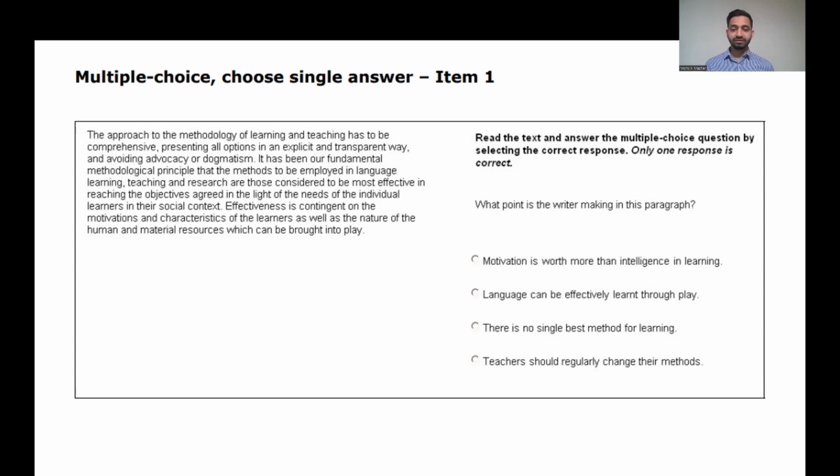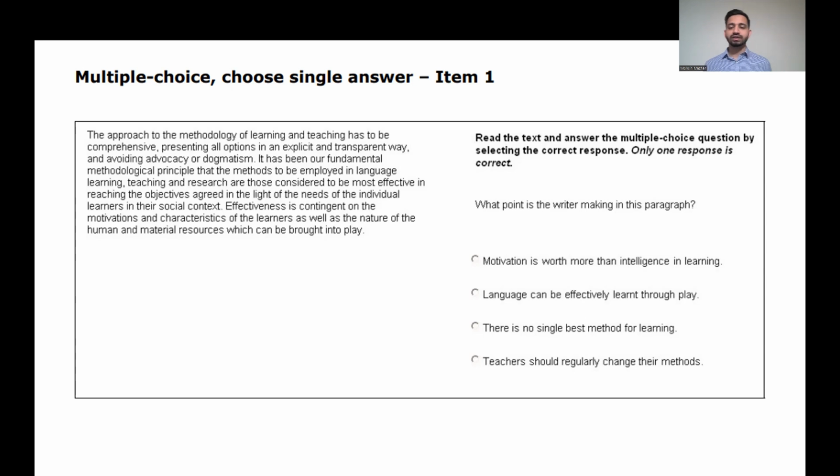The whole passage is kind of screaming out that that's not the only way; you can learn in more ways. Motivation is one part, and the other thing is there's no one best method. The first two sentences tell you it should be comprehensive, it should have all options. Presenting all options tells you there is no one single method of learning. So I'm sticking to that one, but I will read out the fourth one.